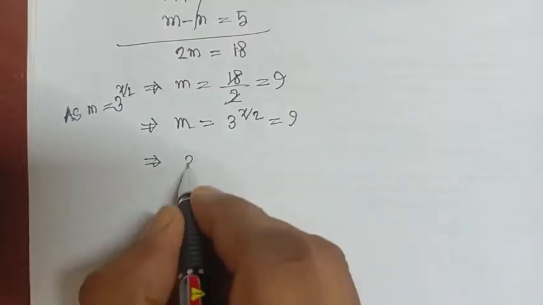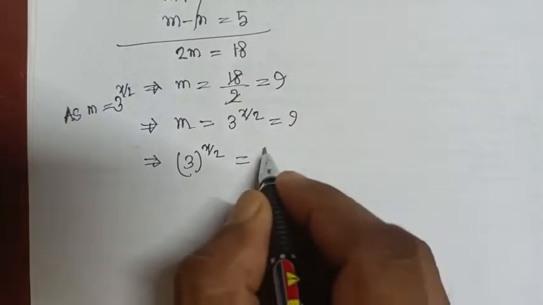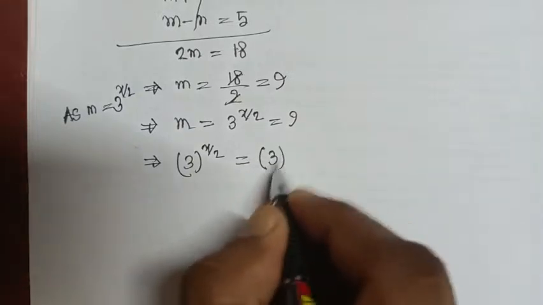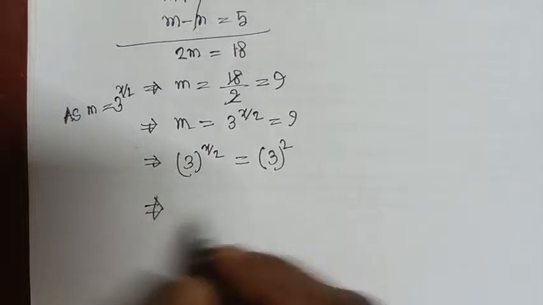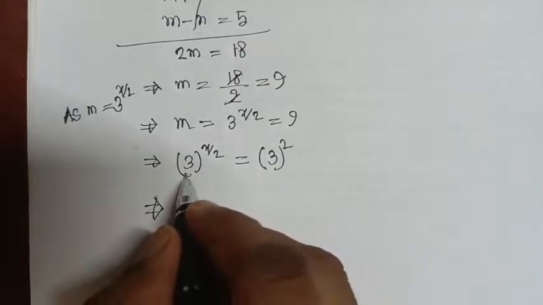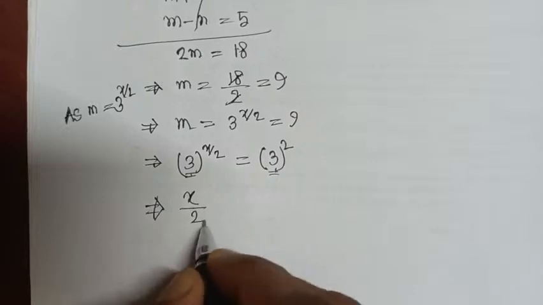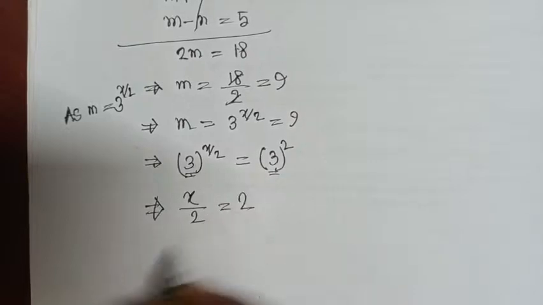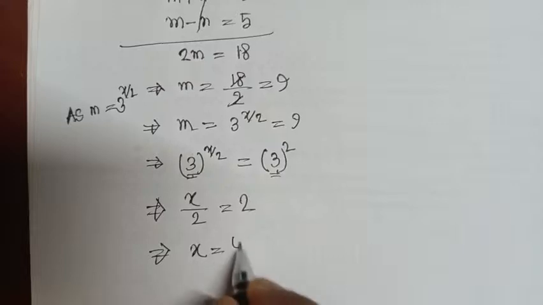Therefore 3 to the power x by 2 equals 9, and we can write 9 as 3 squared. Now both sides have the same base 3, so x by 2 equals 2. Therefore x is equal to 4.